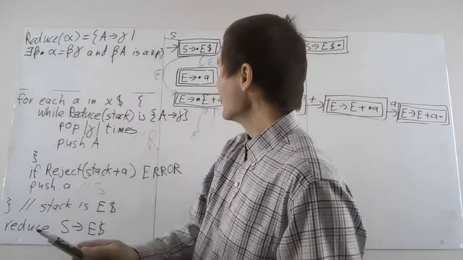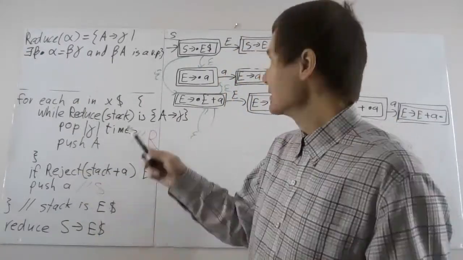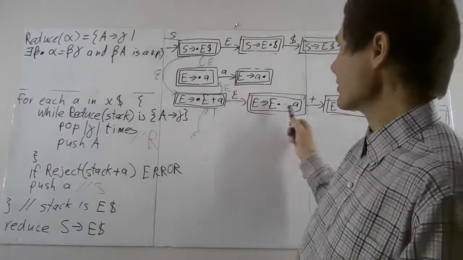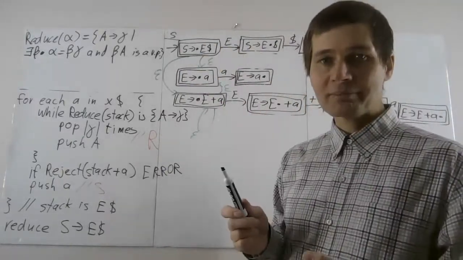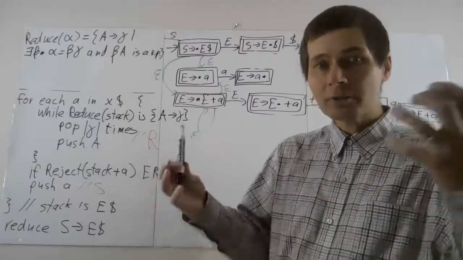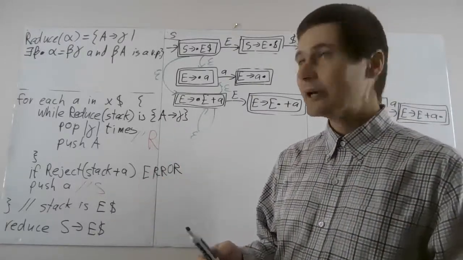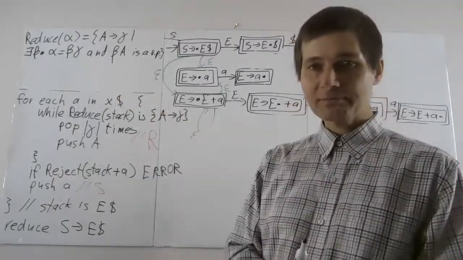And so I know the stack is a viable prefix. So the NFA is going to go to some accepting state, and all the states are accepting states. So it's going to end up somewhere. It could even end up in multiple states. But when is beta A a viable prefix?